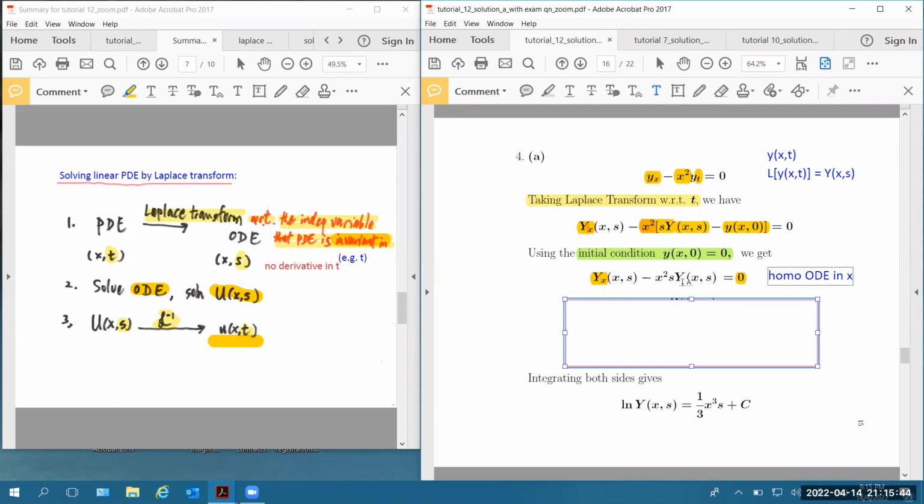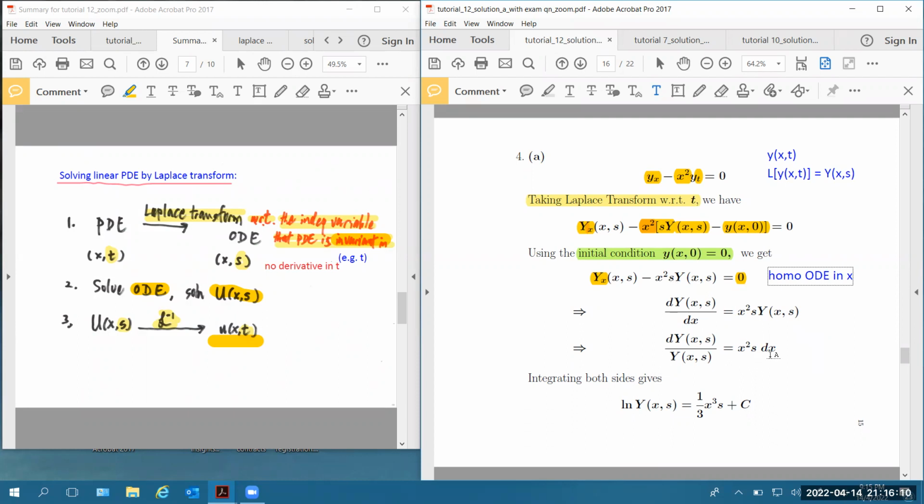I can see that here we can actually separate the variables. So I write this out as dY/dx, because you consider it as an ODE, so instead of del x, you change to d dx. Then this term, I just bring to this side. I can bring all the capital Y together, so I will get dY over Y, then here I got x squared s dx.